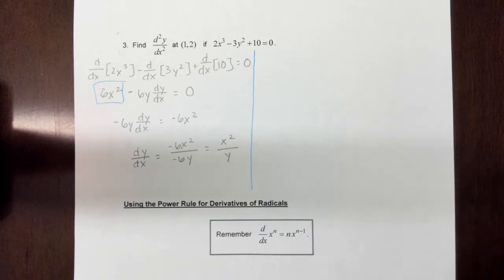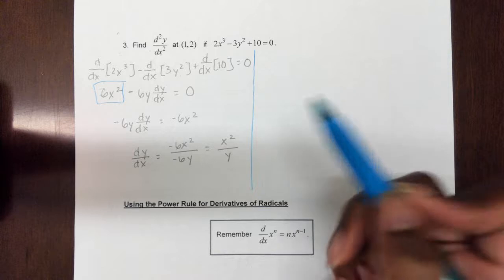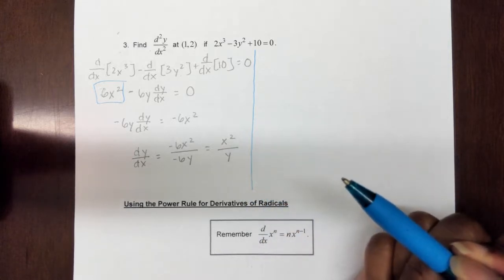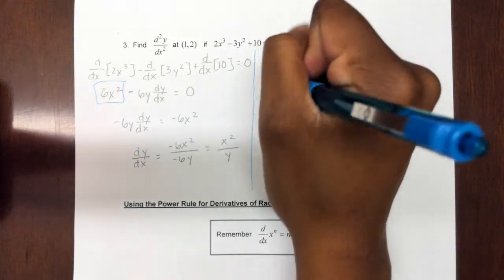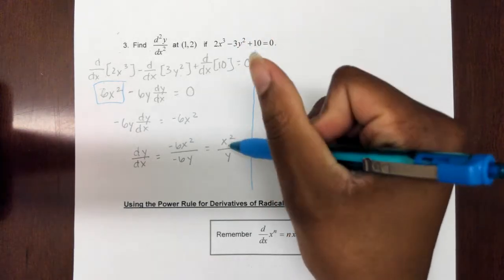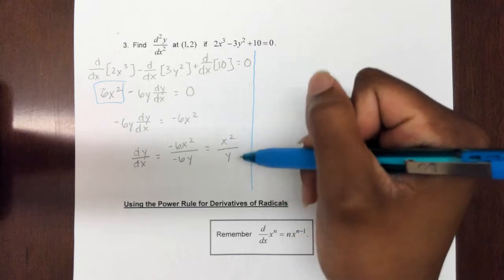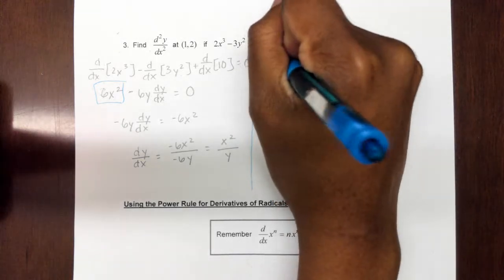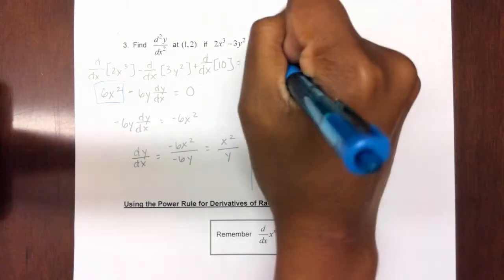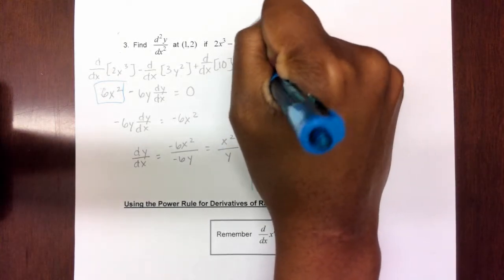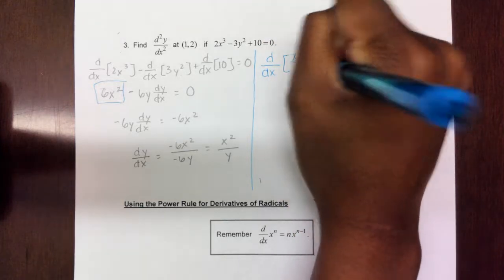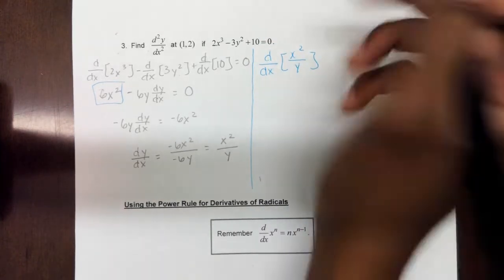Okay, so to find the second derivative, we're going to take the derivative of what we have. So we have x squared over y. If we look at this, it's going to need quotient rule.